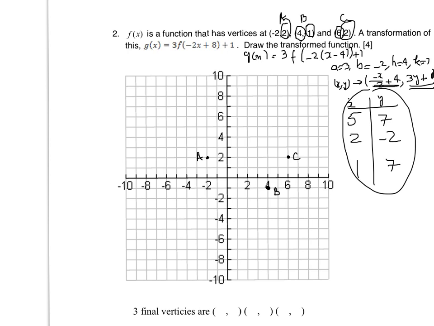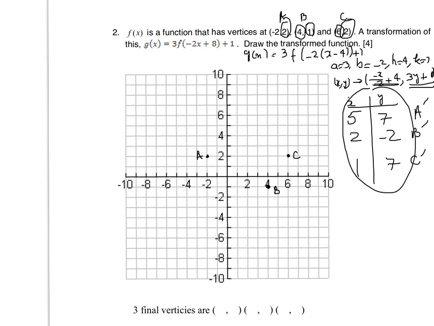So I'm going to plot them. Remember, the first one represents A, B, C. So let's call this one A prime, B prime, and C prime. A prime says when x is 5, y is 7. So I'm going to get this point. This is my A prime.